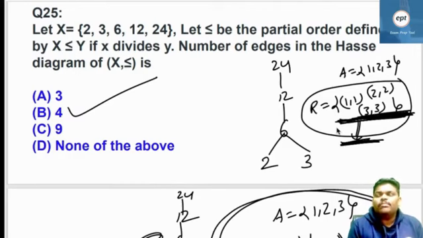If nothing is there, it is symmetric. If nothing is there, it is transitive. If nothing is there, it is irreflexive. If nothing is there, it is not reflexive.